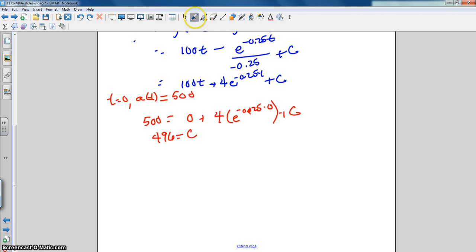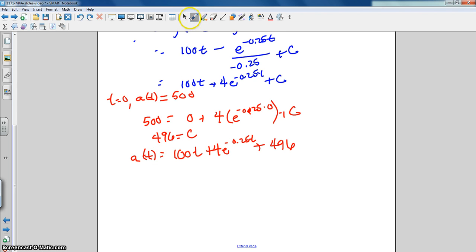Alright, so that means that A of t, the entire equation, is 100t plus 4e to the minus 0.25 t plus 496.